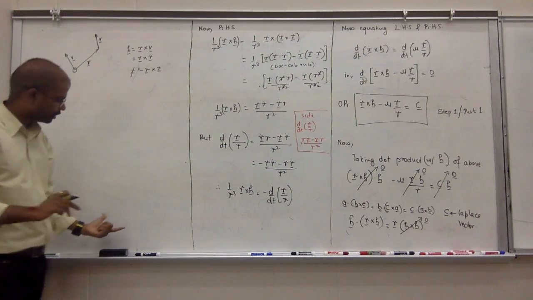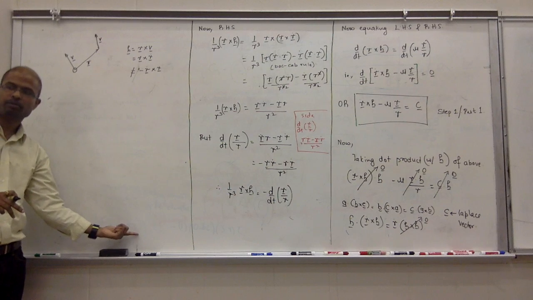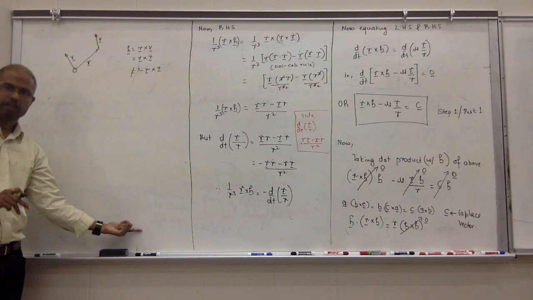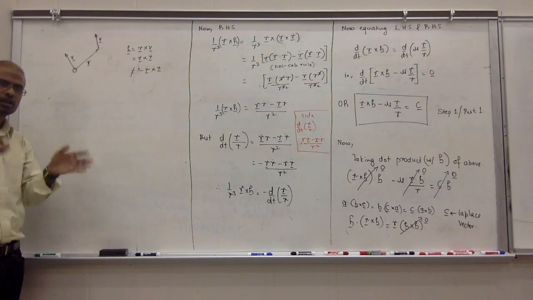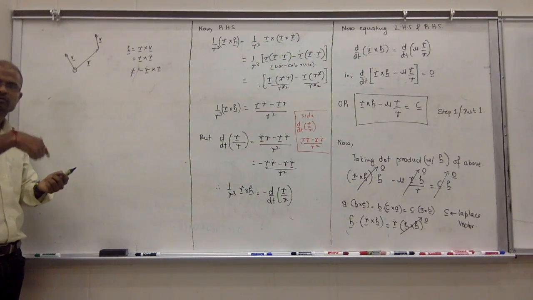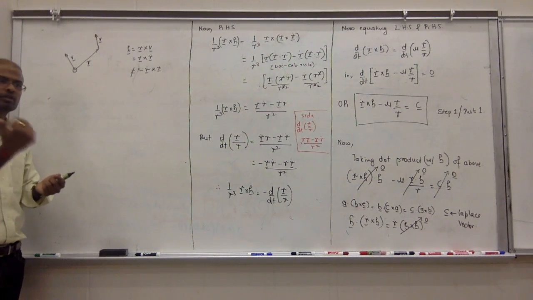Now, what did we learn here? I gave you a statement in parentheses that H dot, the derivative of H, is 0. That means for a strictly Keplerian motion, it's always in that plane. That H is not changing in direction. If it changes in direction, what happens?